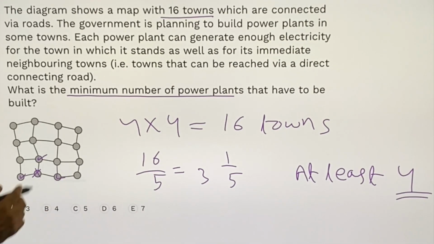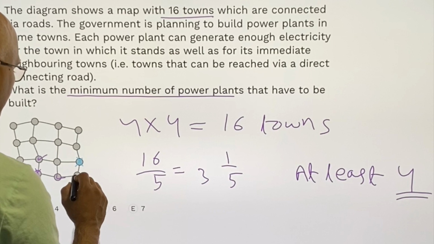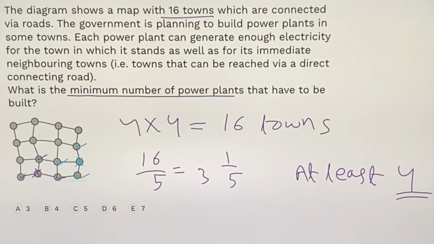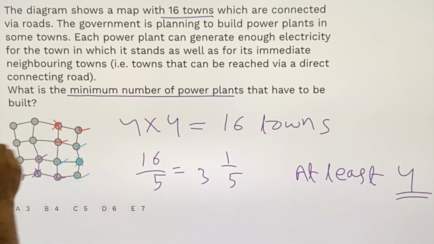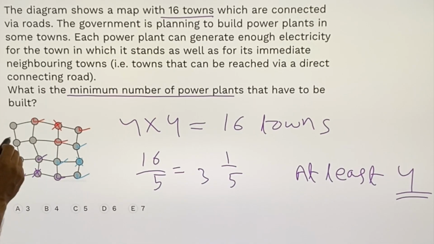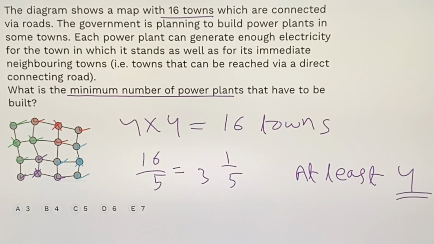Now, to account for this, let me put a power plant here that can take care of this, and this. Similarly, let me put another power plant here which can provide to this, and this. And then finally let me put one here which can provide to this, and this.